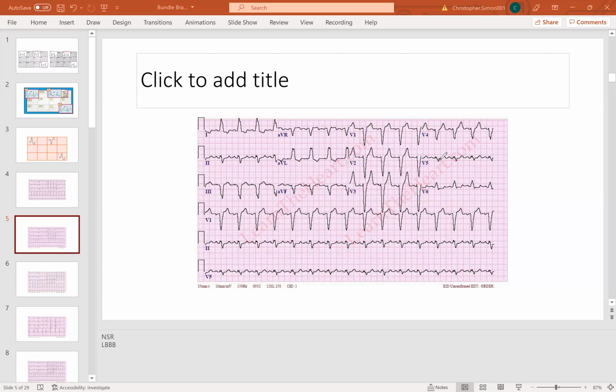So you definitely want to get those criteria for a left bundle, right bundle down pat. And I tell you never to memorize what things look like, but you got to at least memorize what they look like as far as what lead's supposed to be down, what lead's supposed to be up, which one only has Rs, which one has slurred S waves. You just got to kind of memorize that, okay?